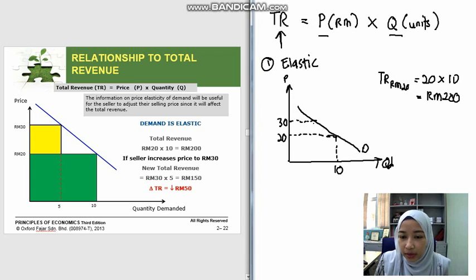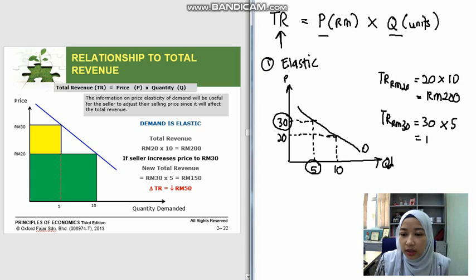So what will happen? Consumers will reduce their purchase at a high amount from 10 to 5 ringgit. So now your revenue will be different because you multiply the price of 30 with the quantity of 5. So when the price is at RM30, the revenue is 30 multiplied by 5.